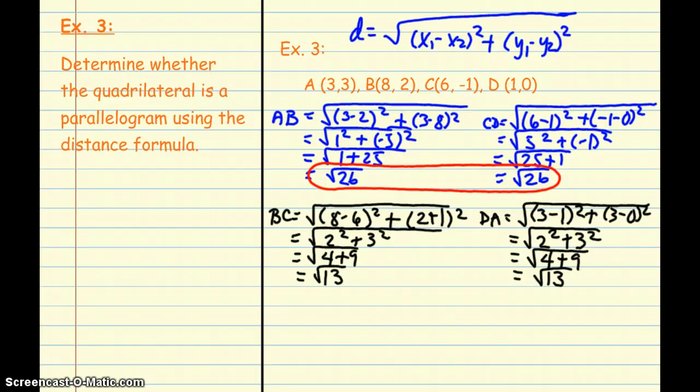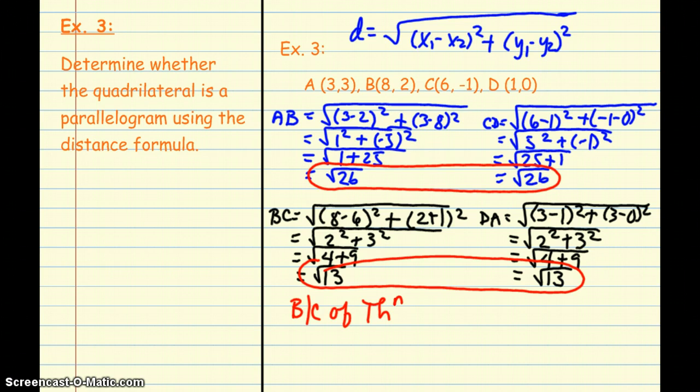And lo and behold, just like with AB and CD, we see that these two sides have the same length. And so we can say that because of theorem 6.9, this is a parallelogram.